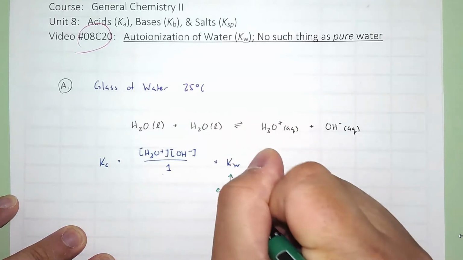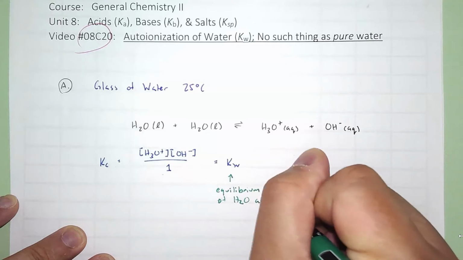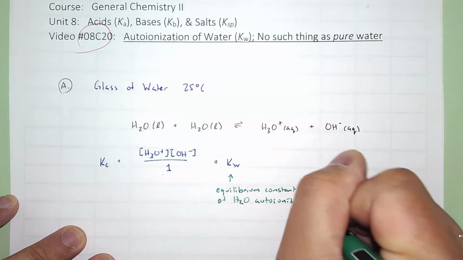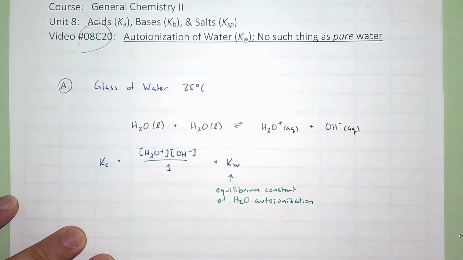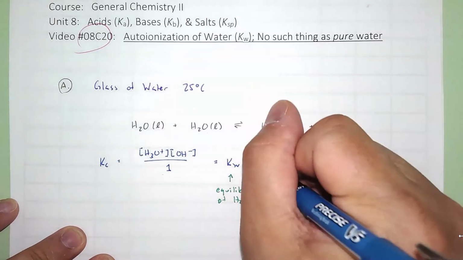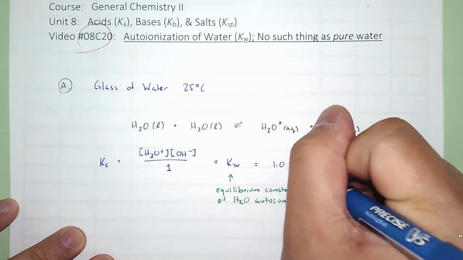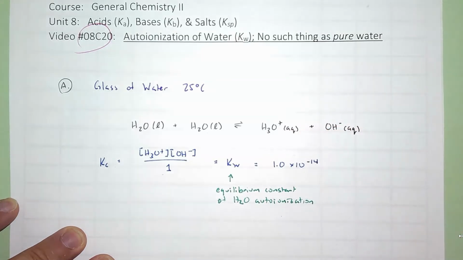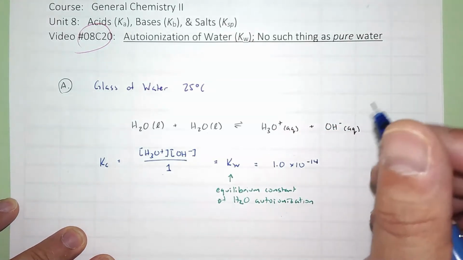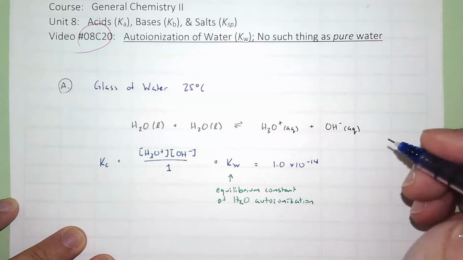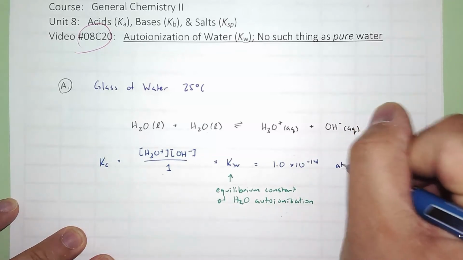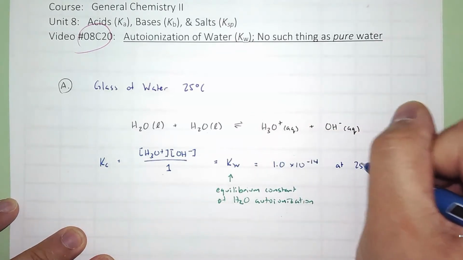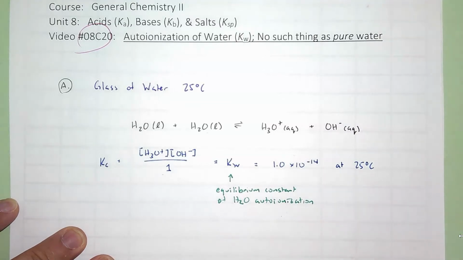Kw is the equilibrium constant of water autoionization. And that actually has a number. And that number is equal to 1.0 times, it's very small, 10 to the minus 14. And we know that equilibrium constants are dependent on temperature. This is the Kw at 25 degrees C. If we change the temperature, then we are going to change the Kw of water autoionization.